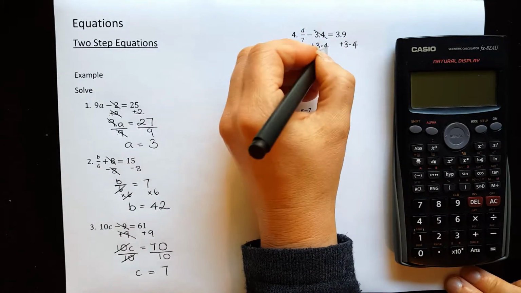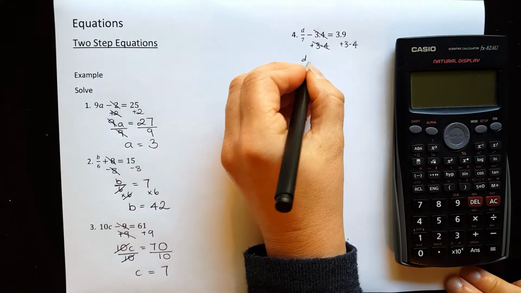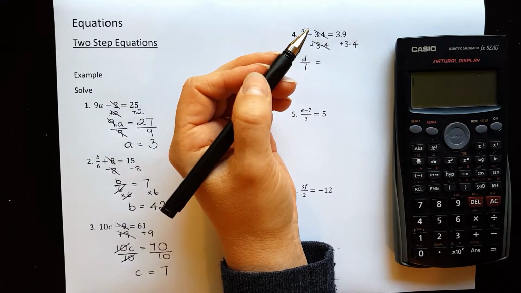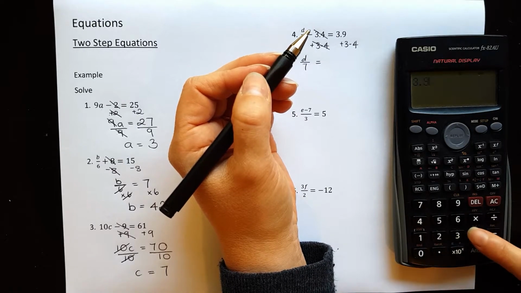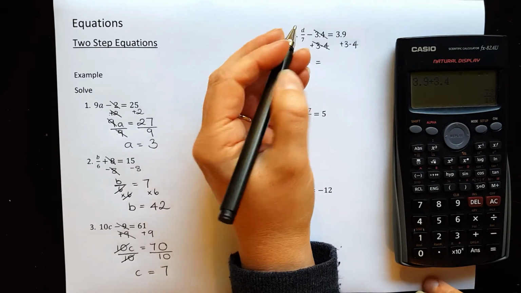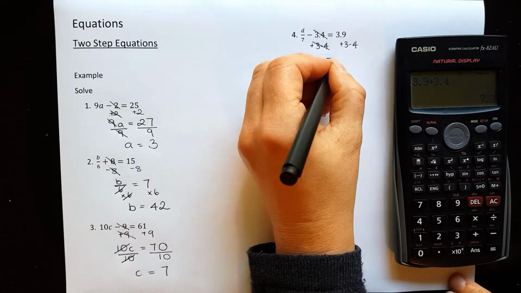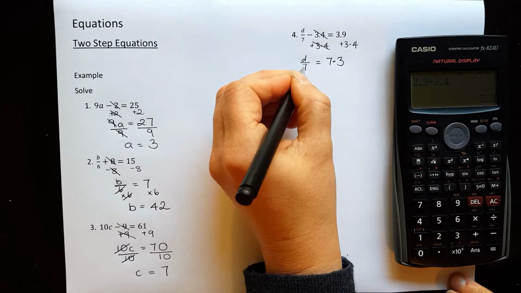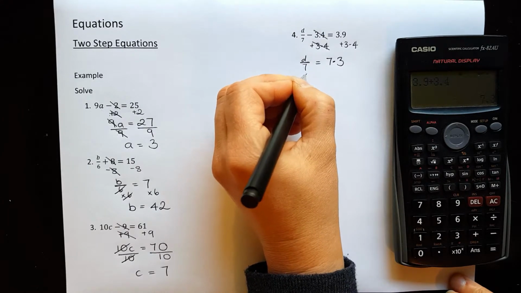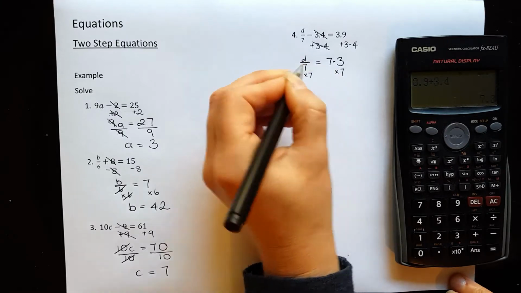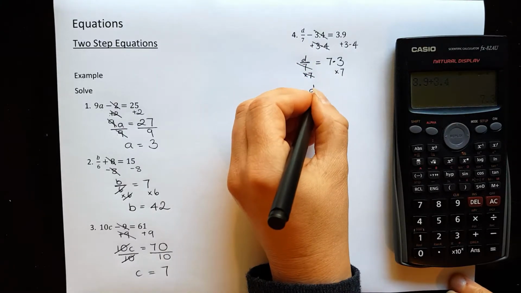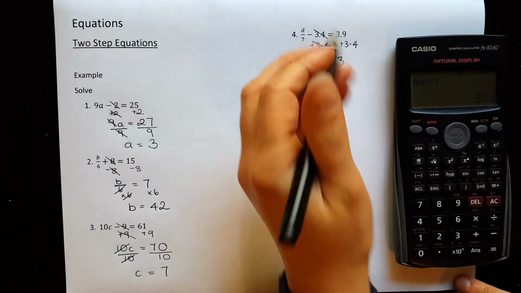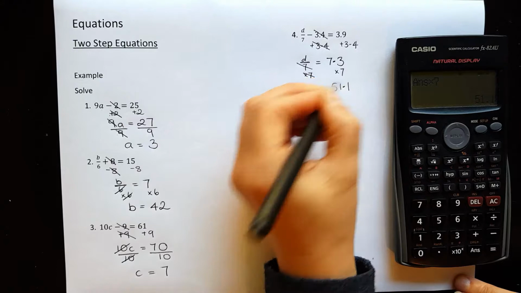We can cancel that away so that we have d over 7 is equal to 3.9 plus 3.4. You might know that, or you might want to use a calculator. 7.3. Then we need to get rid of this 7. It's divided at the moment, so the inverse is to times by 7. So d is equal to 7.3 multiplied by 7, which is equal to 51.1.